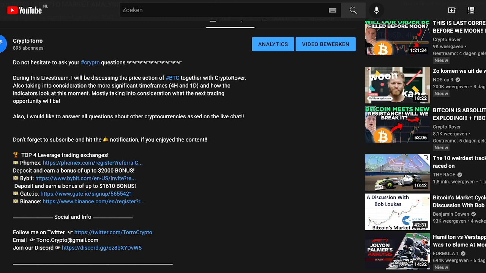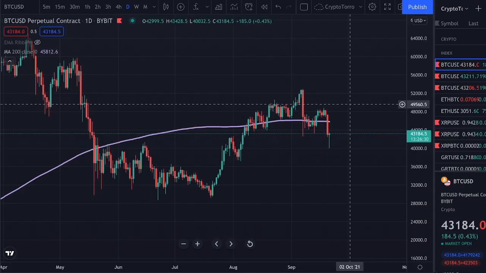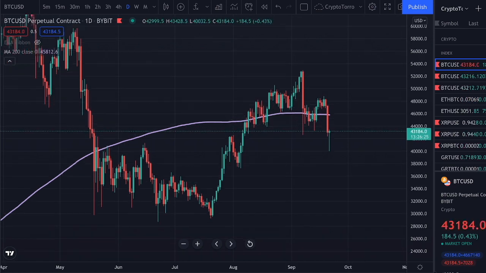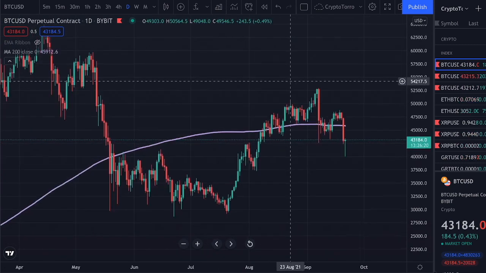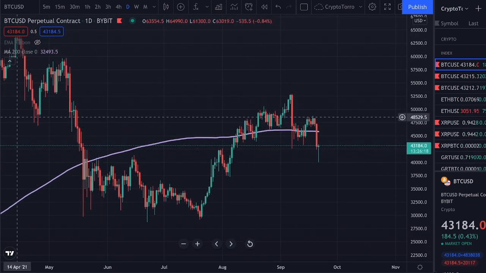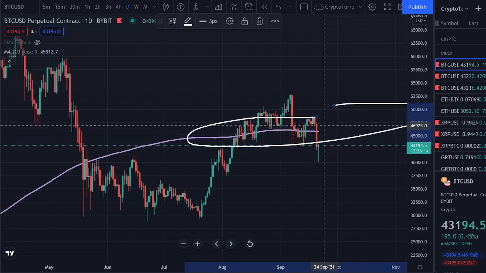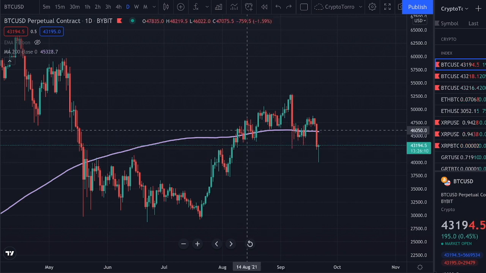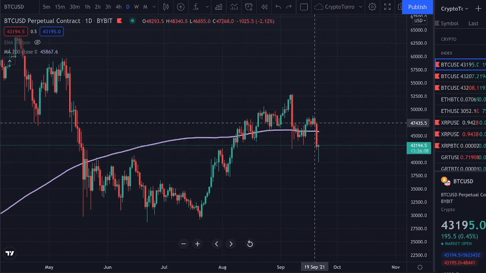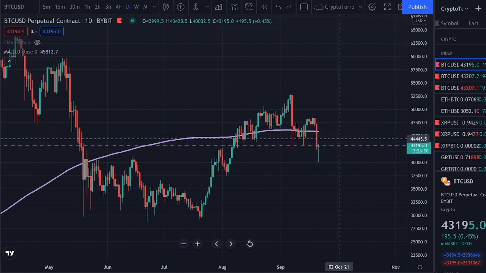Let's get started and take a look at the Bitcoin compared to the USD chart, and what I think is of utmost importance to discuss right now. You can clearly see that we are below the 200-day moving average on the Bitcoin chart. I think this is of utmost importance to monitor very closely, due to the fact that personally I think it is very likely that we are going to see a spike once again above the 200-day moving average.